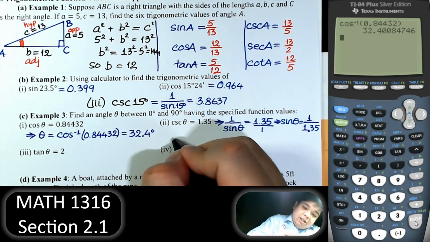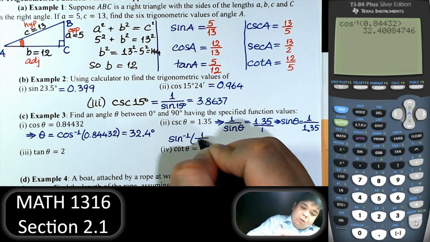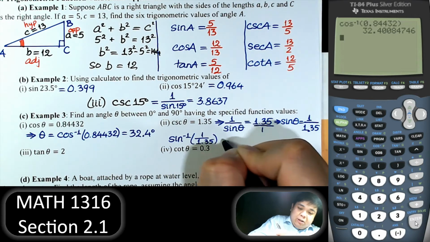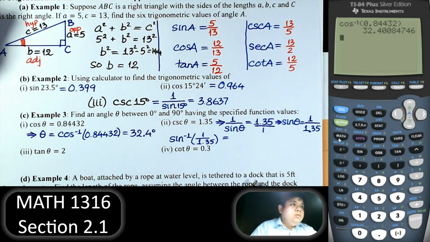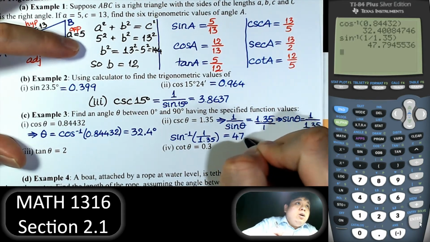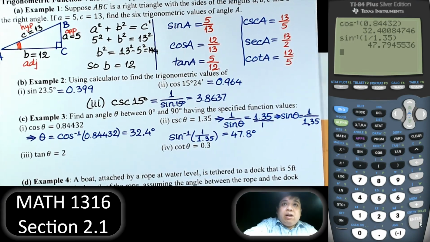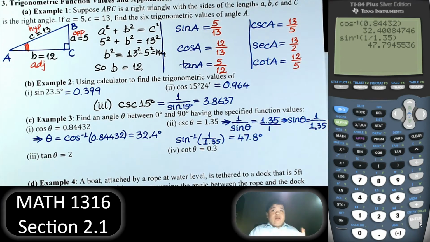And then we take the inverse of that. So sine inverse of 1 over 1.35. Second, sine, 1 divided by 1.35, and we have 47.79, 0.8 degrees, right? So when we don't have the function, we have to write everything in terms of sine, cosine, and tangent, and then we can use the inverse if we need to.